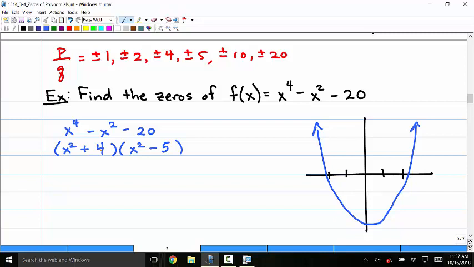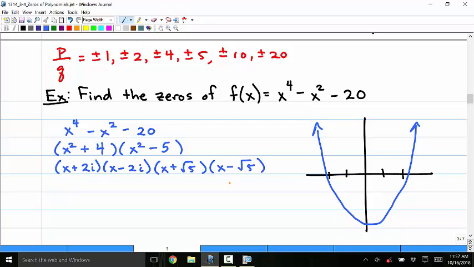And then both of those will factor. Do you agree? To x plus 2i, x minus 2i, x plus root 5, and x minus root 5.